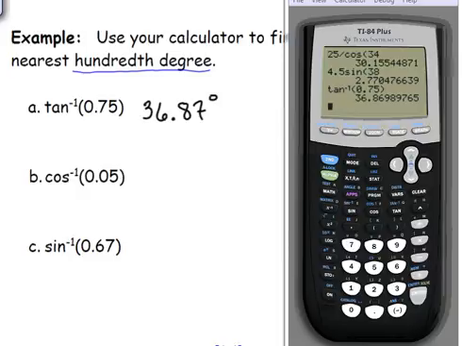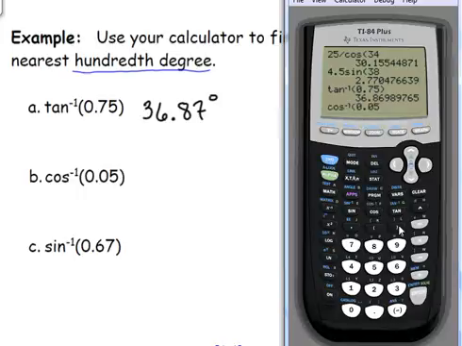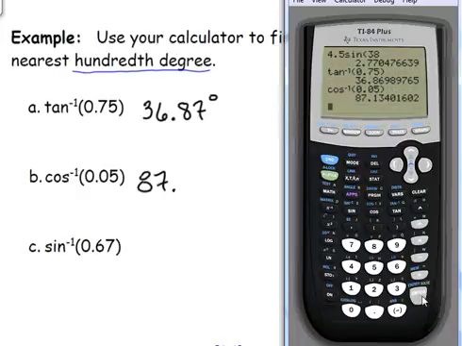So looking at our next example here, it says the inverse cosine of 0.05. So I'm going to do the second button, second cosine, because that gives me my inverse cosine, 0.05. Close your parentheses and press enter. This one is now 87.13 degrees.